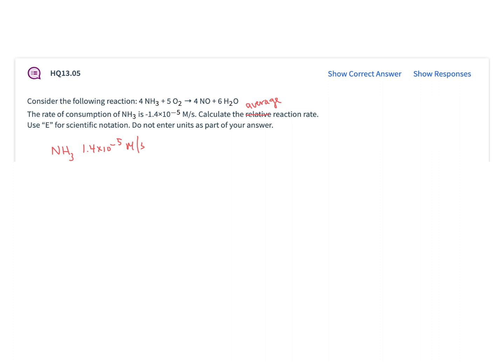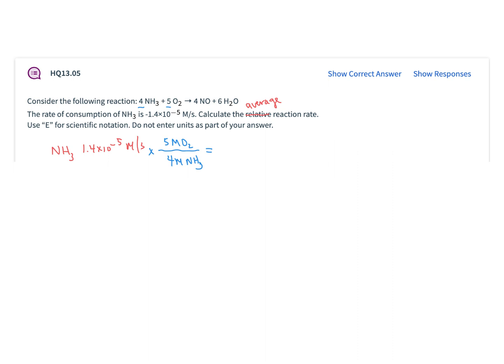If we did these calculations in class, for example, I can convert this rate to oxygen because I know from the balanced chemical equation, 4 molar ammonia, 5 molar oxygen, so 5 over 4.